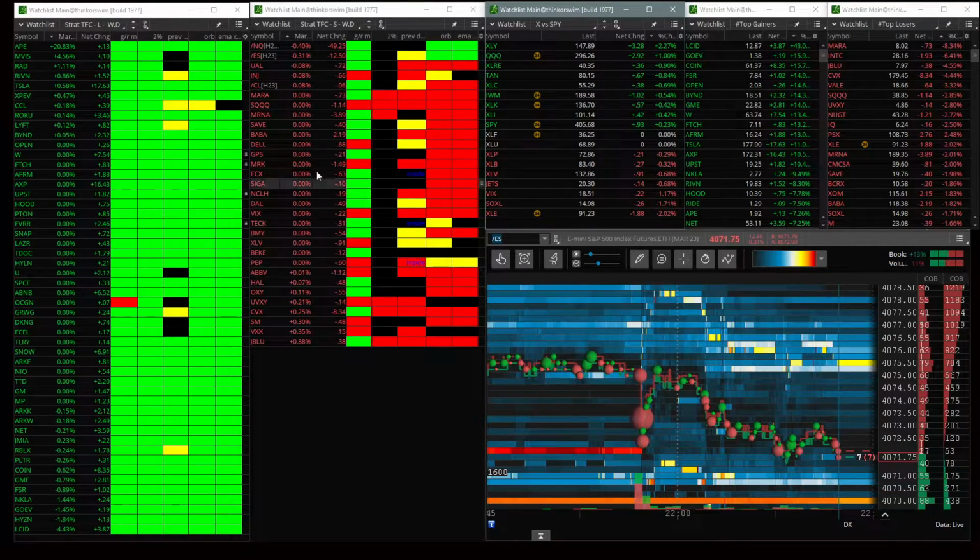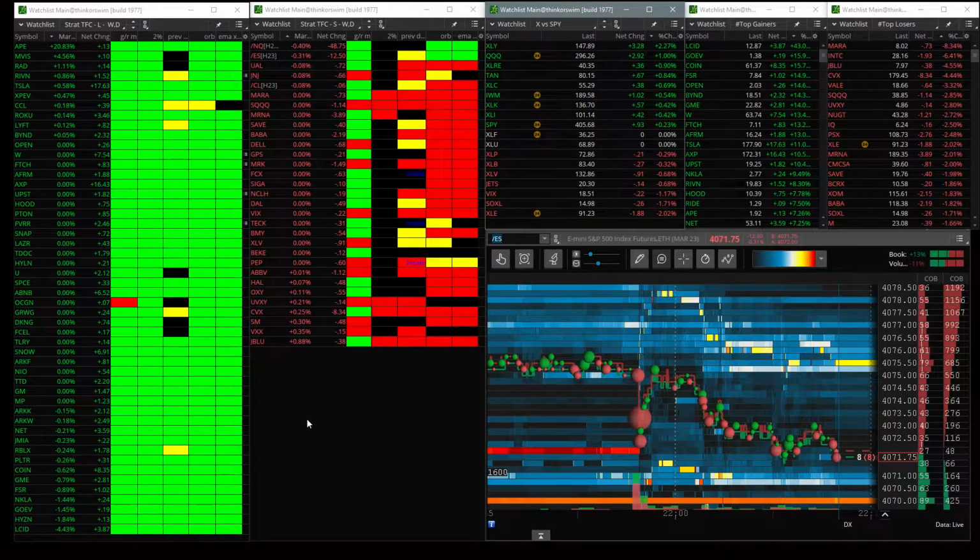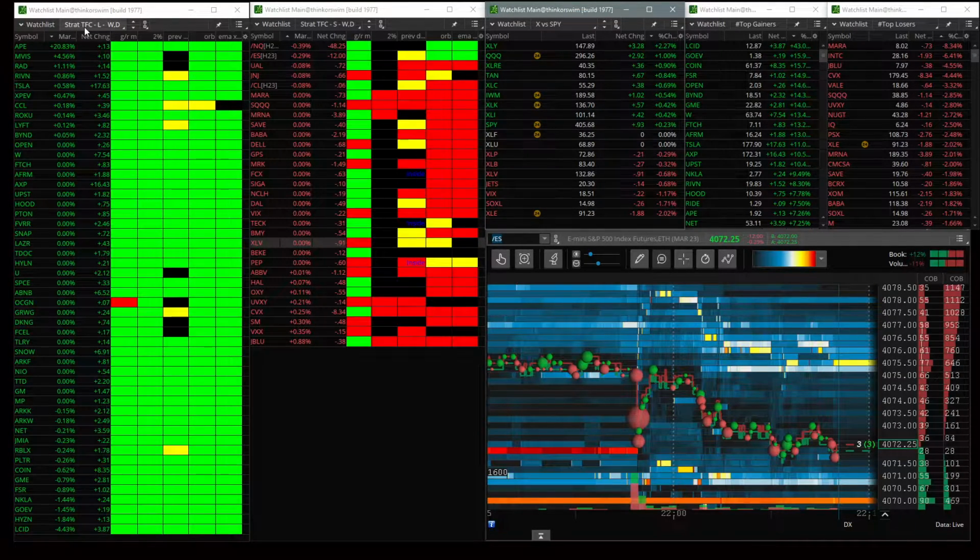So the basis of the strat is we look at where the stock is trading currently versus where it opened. Okay, and we look at that on different time frames. We have a concept called the TFC, which is time frame continuity. Time frame continuity means multiple time frame analysis.